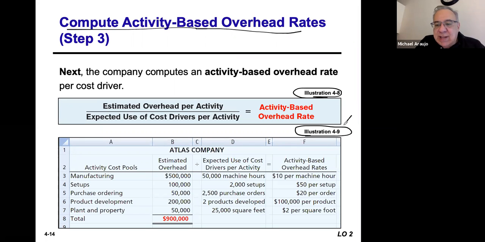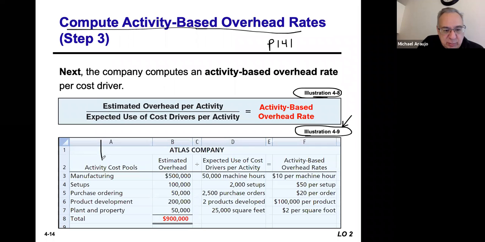What we're really paying attention to, I think where the real learning is going to be, is looking at illustration 4.9. This is also on page 141 at the bottom. So obviously page 141 is going to be critical for you to review because it has these illustrations on it. This is what we were told early on, what the activity cost pool was.